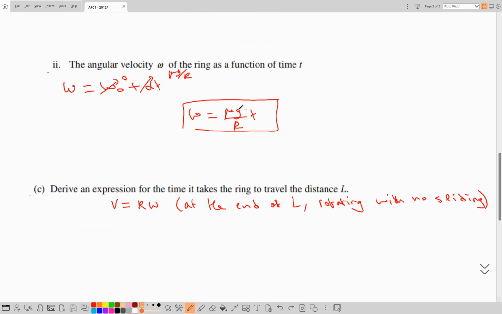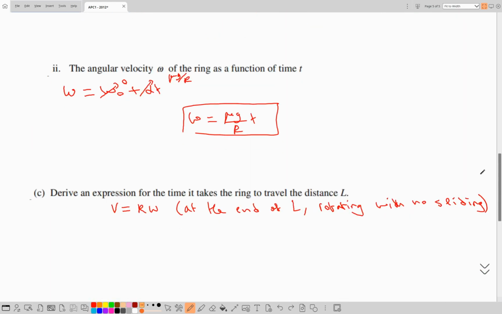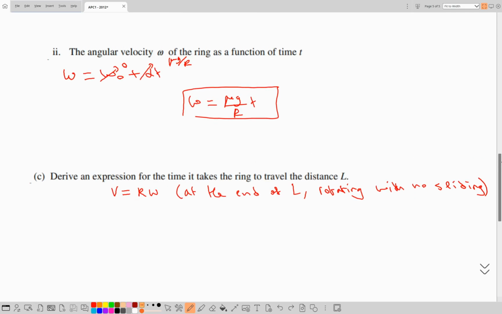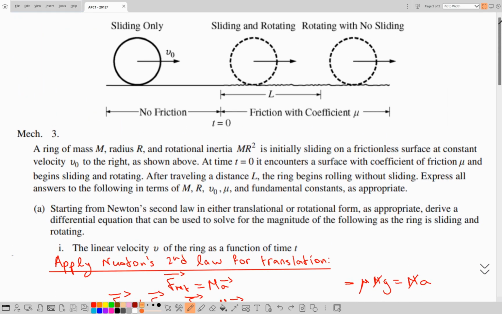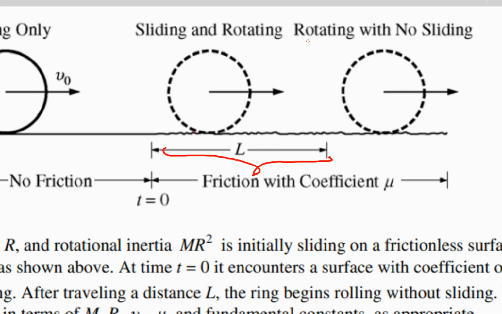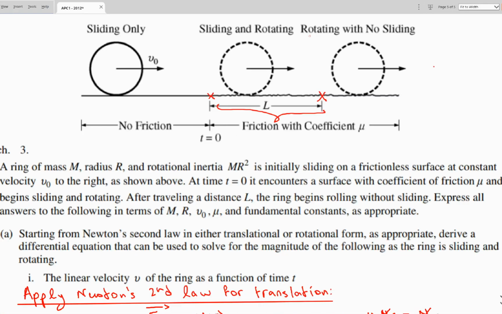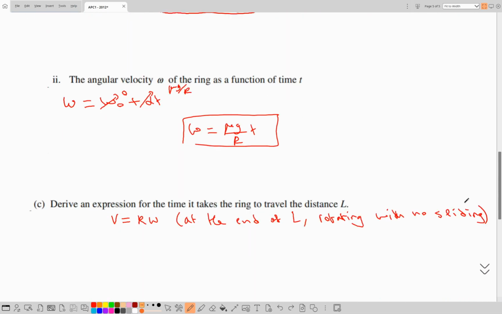Now we can use this equation and this equation, substitute them here and solve for t. Why is this allowed? Because remember, the equations that we have derived are applicable in this region, including the initial point and including the final point, because these are points of continuity of the problem.